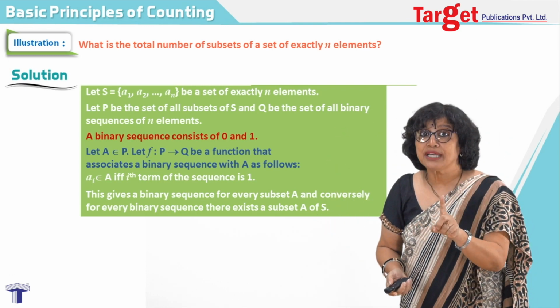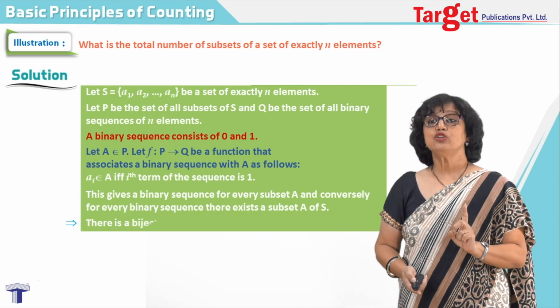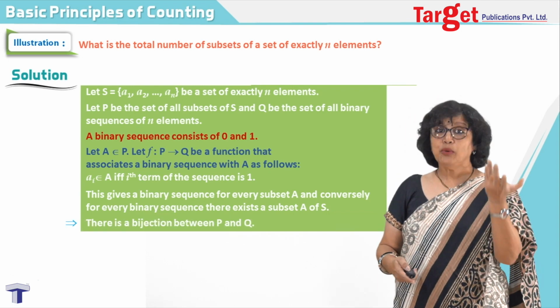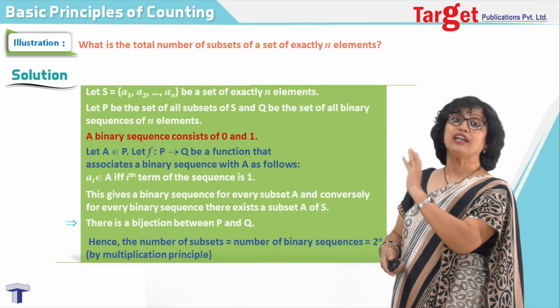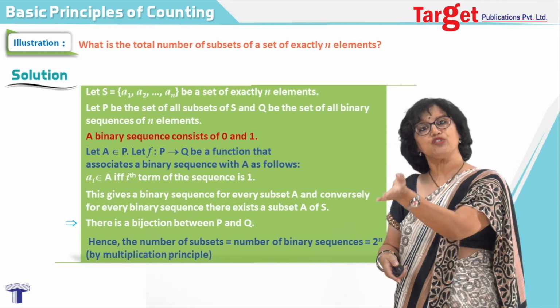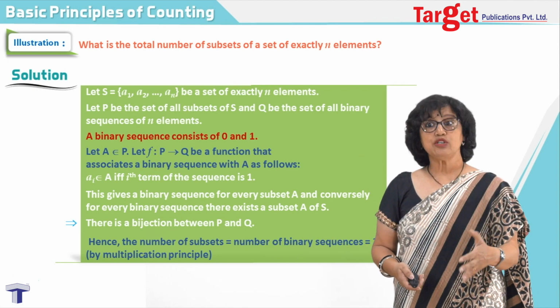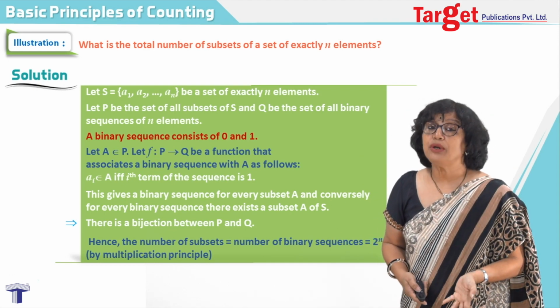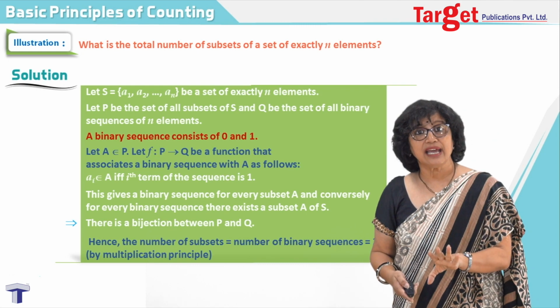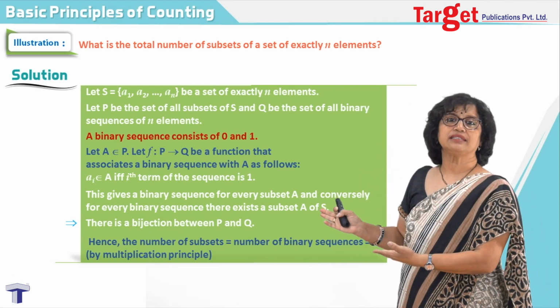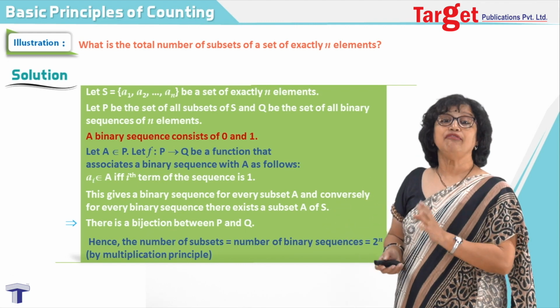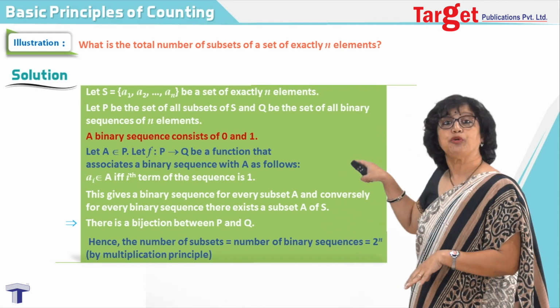That means I am using here nothing but the bijection principle. So instead of counting the number of elements of set P, it is better to count the number of elements of set Q, which is easy to count. So instead of actually counting how many possible subsets there are, we go for how many binary sequences there are having n elements. And we understand that the answer should be 2 raised to n.